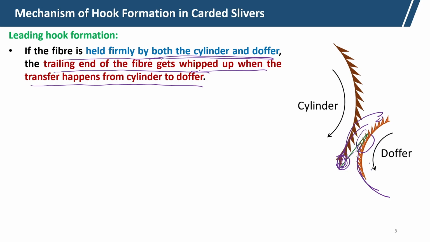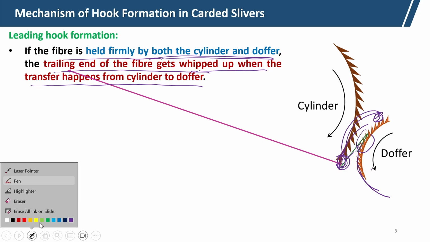So, the doffer will definitely take away the fiber, but this end will be whipped out and form the trailing end, the trailing hook.